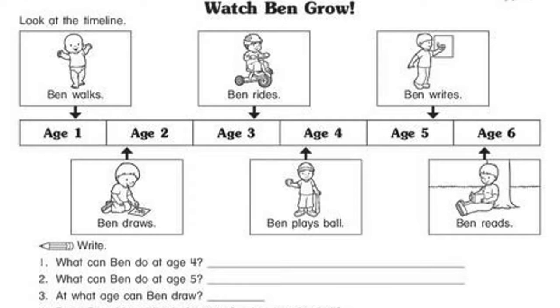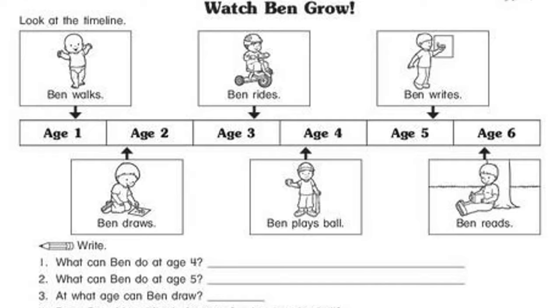So let's take a look. It says at age 1, Ben walks. Now at age 2, we go to the right and we have a picture down below. That's not to confuse you. It's just to show you it in an organized way; sometimes they might put an image above and below the year indicated, and that's just for spacing purposes.